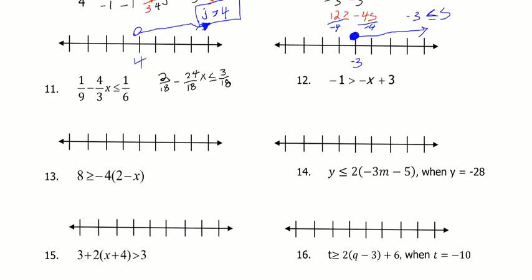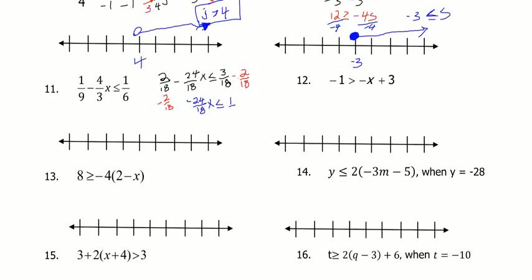So we subtract 2/18 here. We're going to subtract 2/18. And then that's going to leave us with negative 24 over 18 x less than or equal to 1/18.